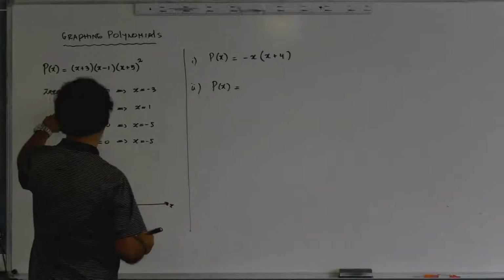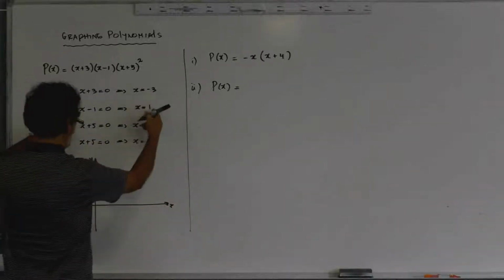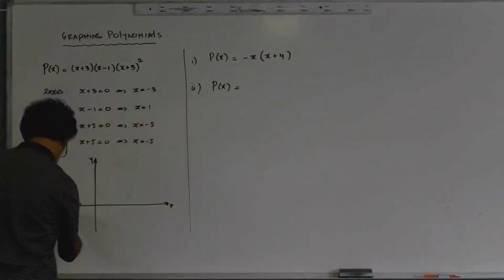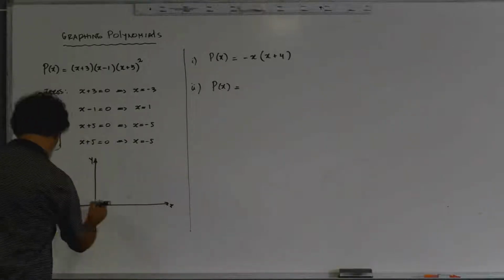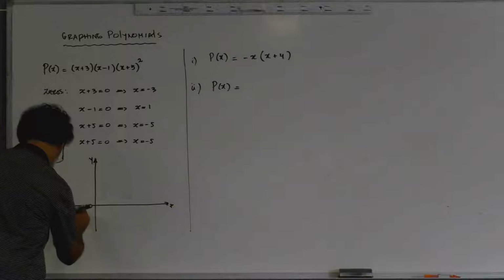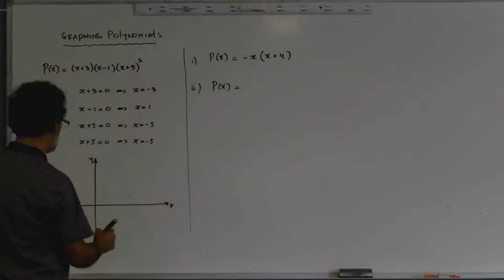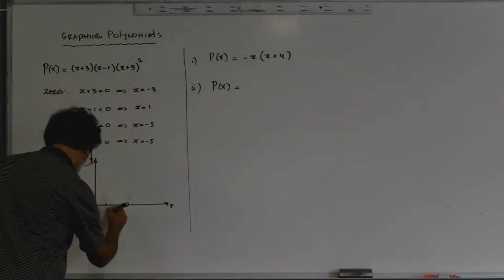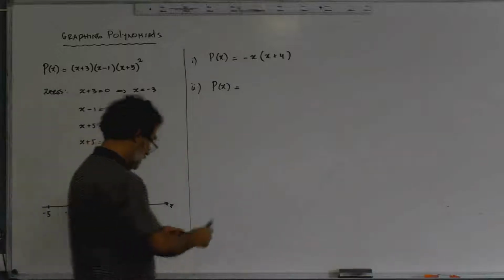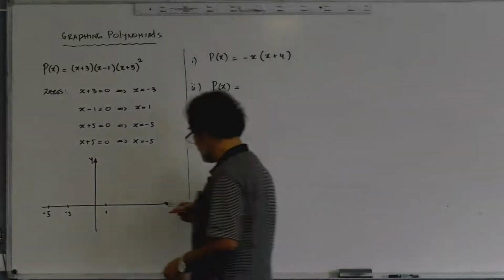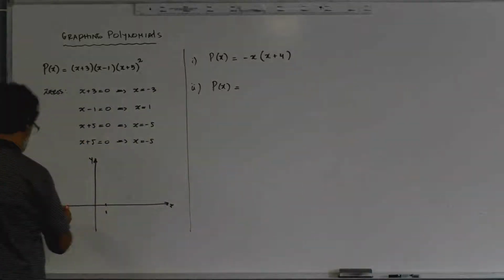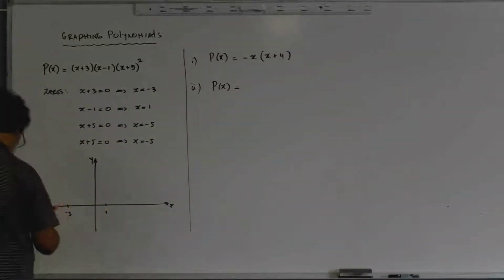Okay, so we plot the zeros. So we've got negative 3, 1, negative 5, and negative 5. So negative 5, let's say, is in here, negative 3 in there, and positive 1. Okay, and then we're going to mark the point where we have the double 0. So we have the double 0 here.